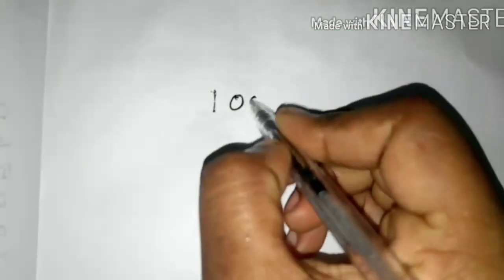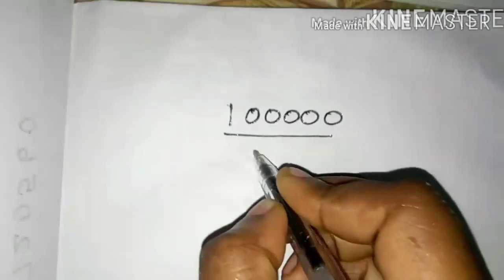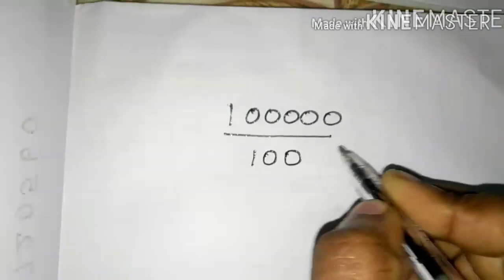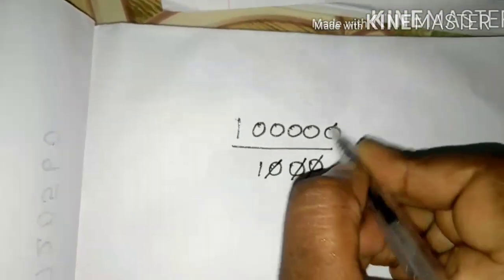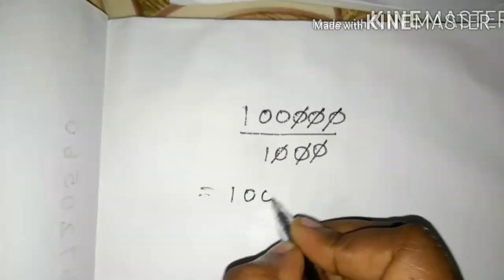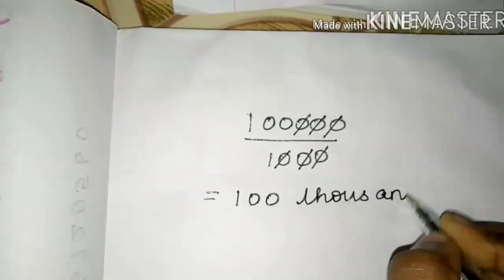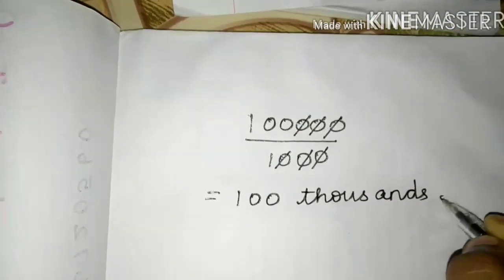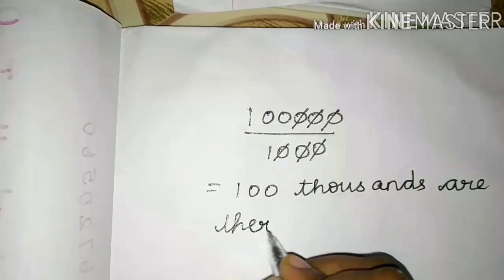In the numerator, you have to write the highest value. In the denominator, you have to write the thousand value. In the numerator, you have 5 zeros and the denominator has 3 zeros. Cut down first. Then you get the answer 100. 100 thousands are there in 1 lakh.